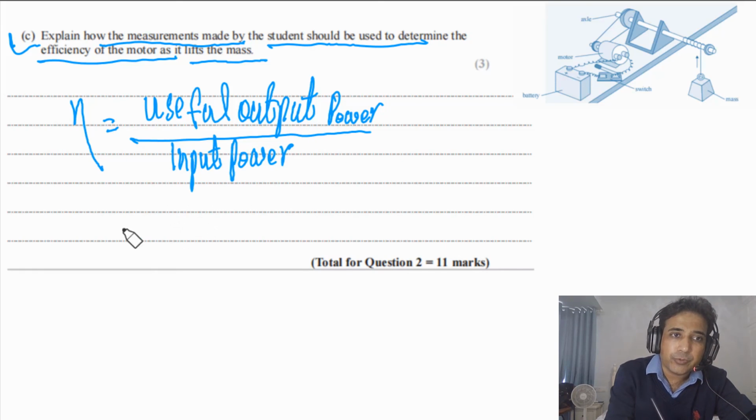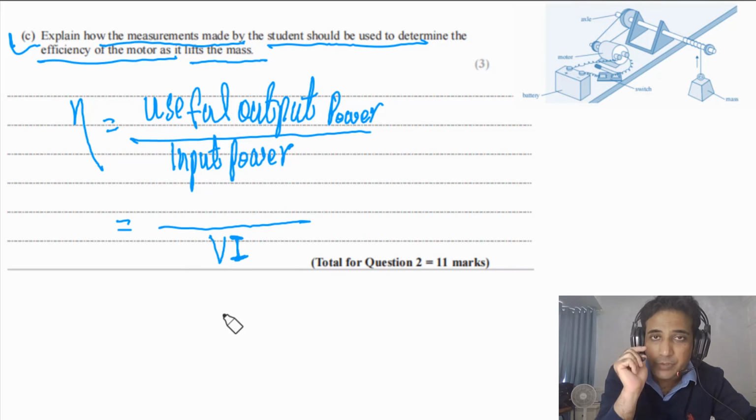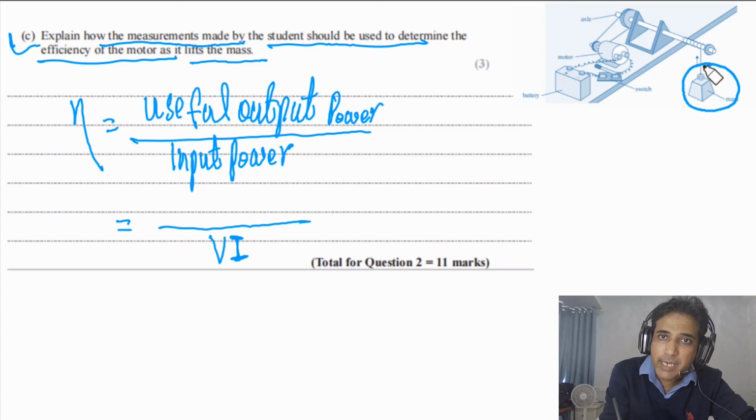So what is the input power? Input power simply is P equal to VI. This is the input power, meaning the power of the motor. And what is the useful output power? That is the gain in potential energy of this mass per time.